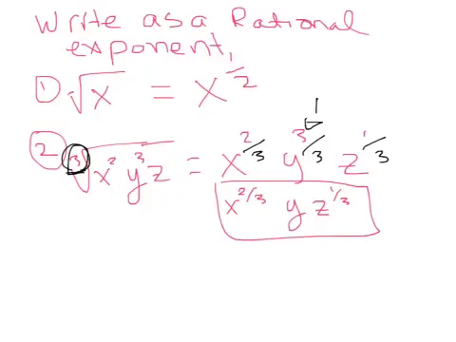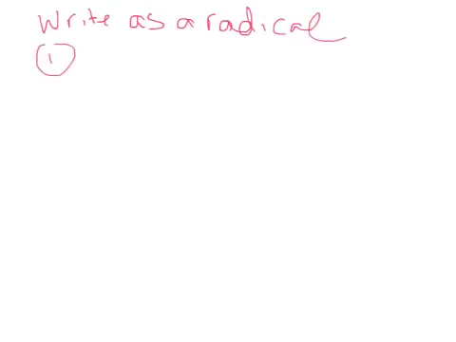Okay. Sometimes you're sort of asked to go in the reverse. Okay. So one example of writing this as a radical, let's say we've got x to the 2/3. Remembering that the denominator becomes your index.